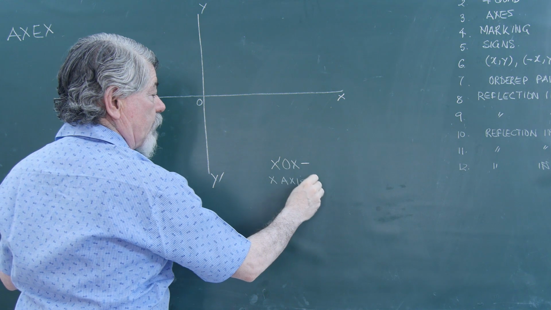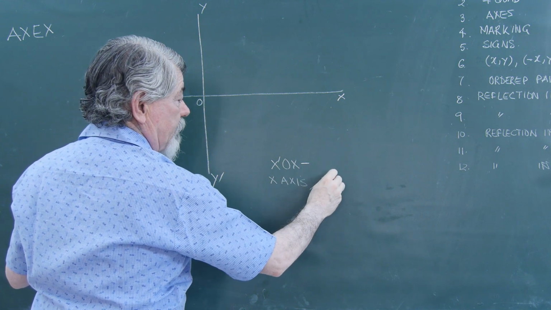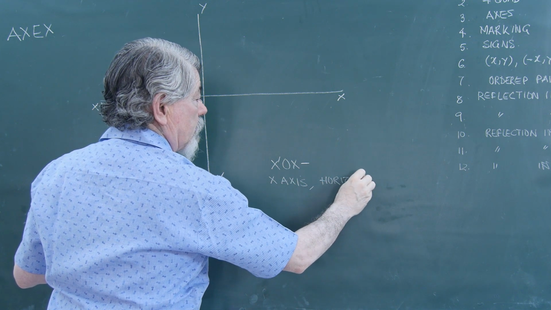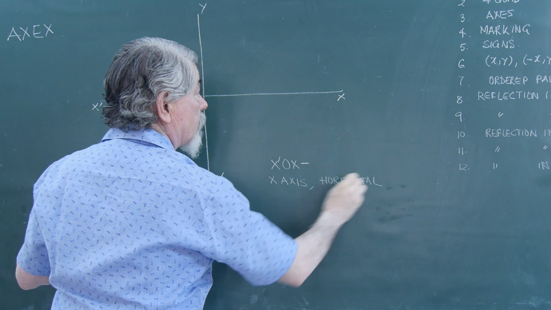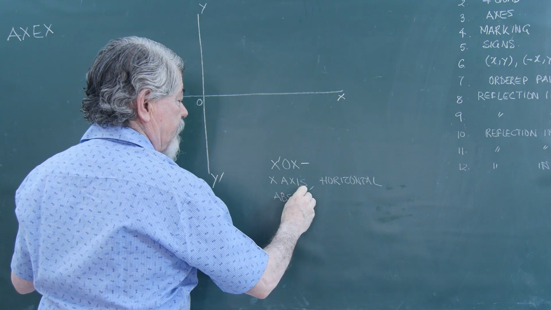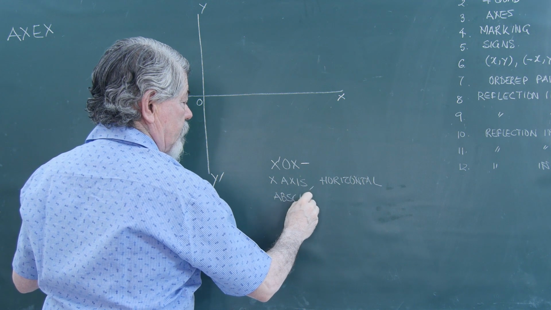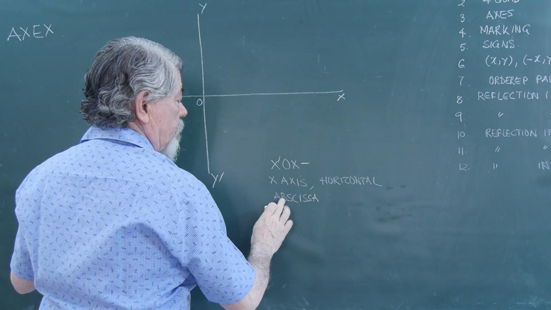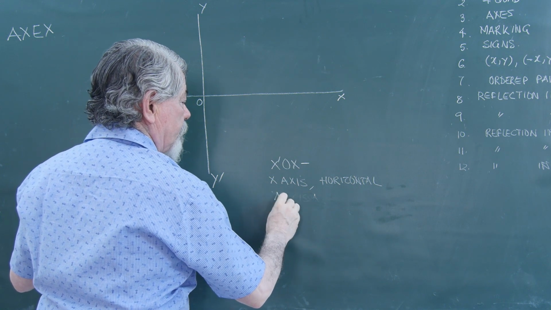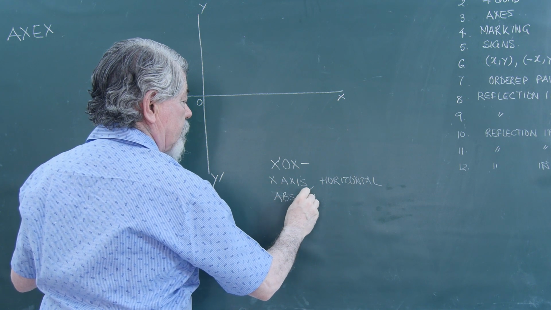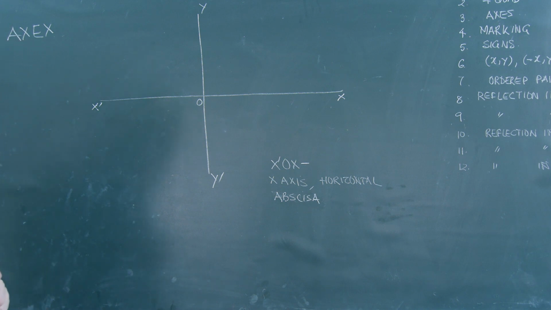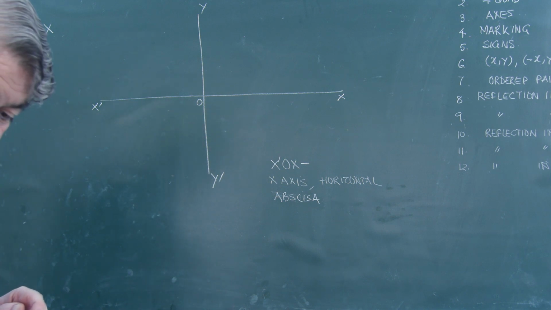We can also call it a horizontal line, which is parallel to the earth, or we also sometimes refer to it as abscissa.